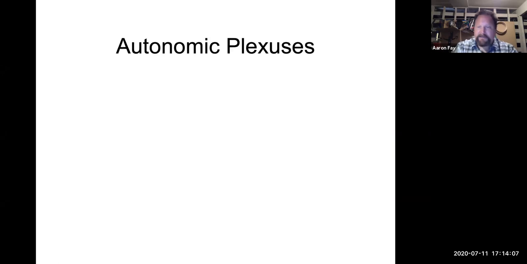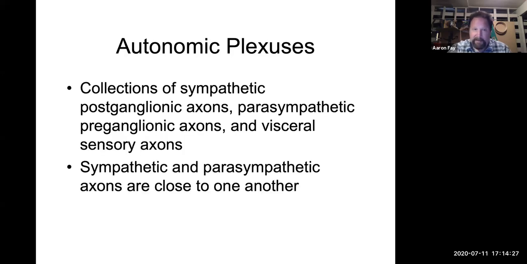Okay, now let's talk about autonomic plexuses. Previously, in our chapter on the spinal cord, we had anterior rami branch, interweave, and we got plexuses. We will also have big, complicated, a mess of autonomic nerves all piled together called autonomic plexuses. Just like with the plexuses associated with the anterior rami of spinal nerves, we're not going to get into excessive detail in this section.